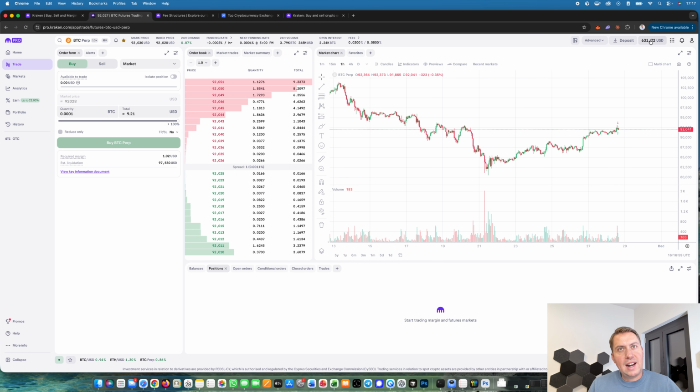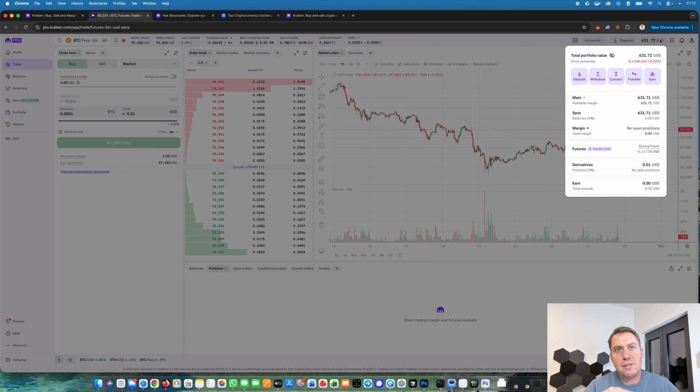And for Kraken Pro, it's basically the same wallet. So if you use your wallet on the regular Kraken account, you have the same money in your Kraken Pro account, but they have several more wallets. As you can see here, when you click on the balance, they have a main or spot wallet.